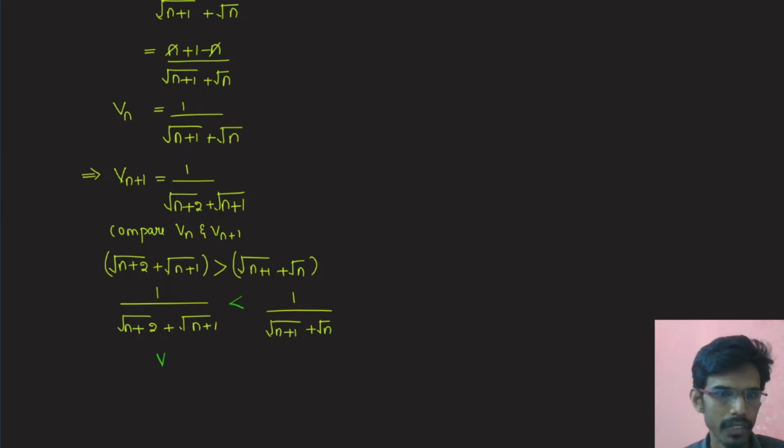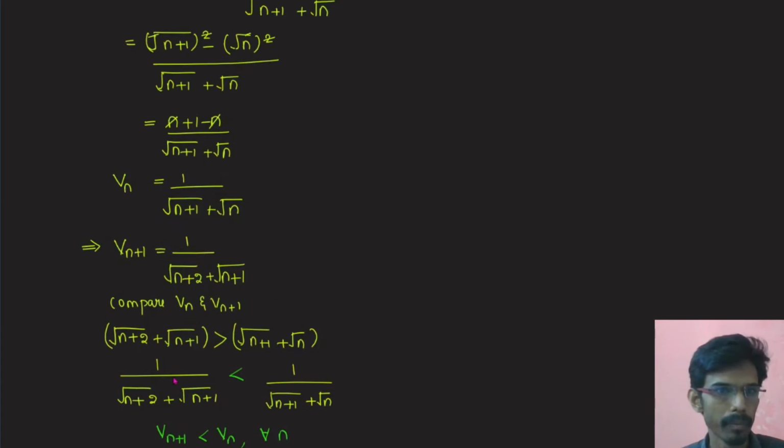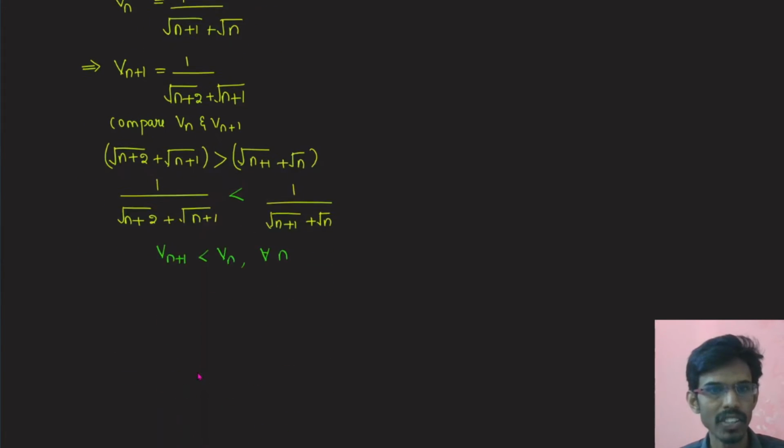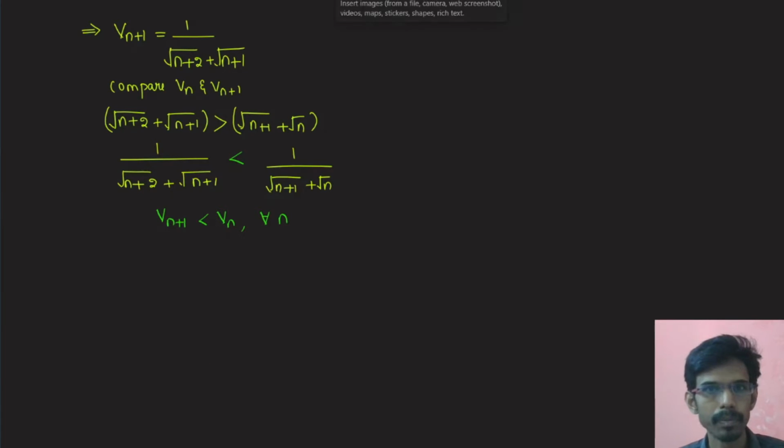So here I can say Vn plus 1 is less than Vn for all n. It means each term of the series is numerically less than its preceding term. The next term is lesser than the previous term. This is the first condition for the Leibniz test.